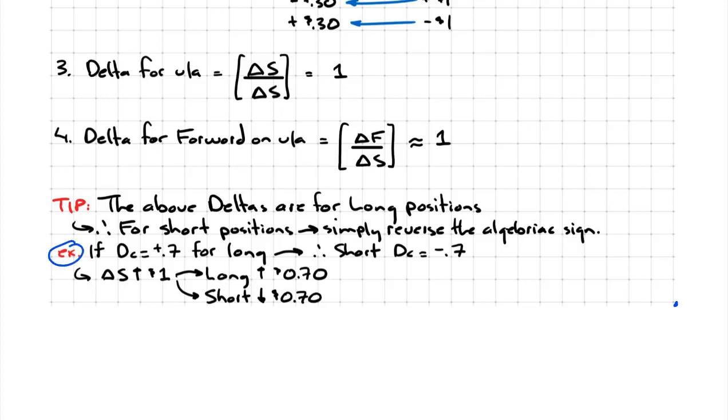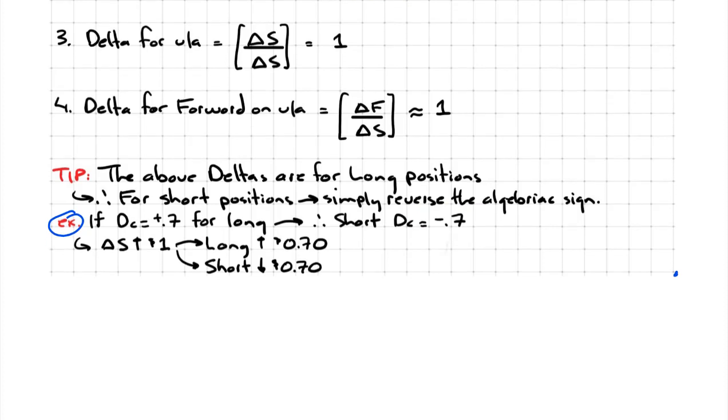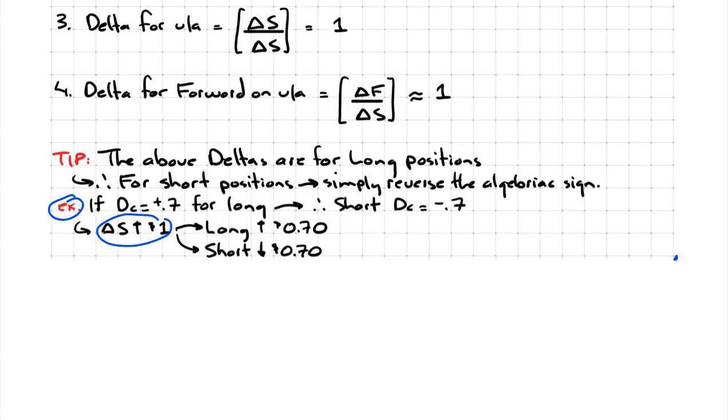So for example, if the call has a delta of positive 0.7 for the long, then the person who's short that call option would have a delta of negative 0.7. Therefore, if the spot price increases by $1, the long position would make 70 cents, but the short position would lose 70 cents. And that makes sense, right? Because we know with options it's a zero-sum game.